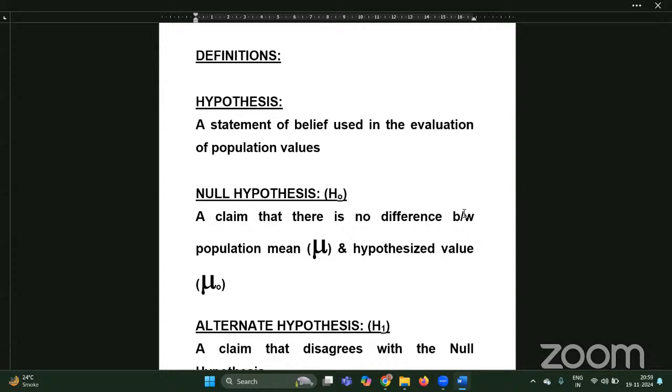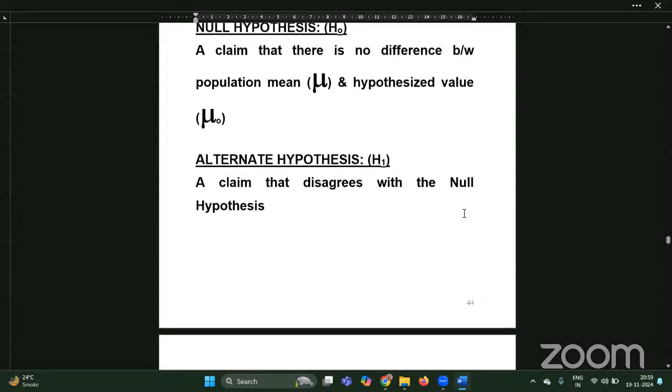So, hypothesis: when you start doing some kind of study, what is your expectation? What do you understand about the situation? And null hypothesis means whatever is occurring in the world occurs just by chance and there is no specific reason behind that. Right?